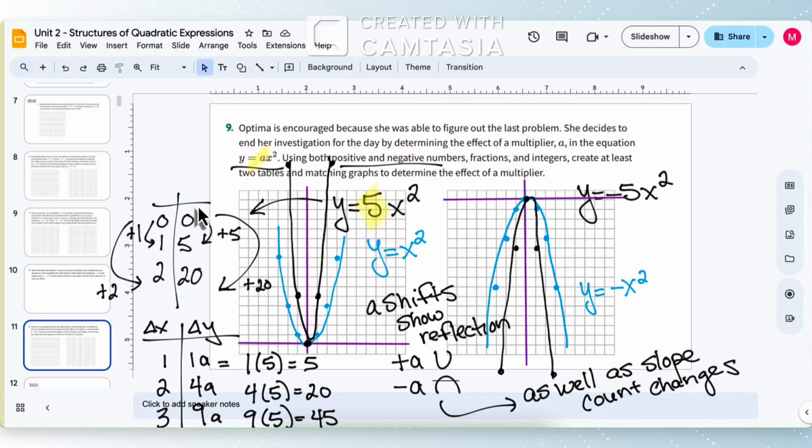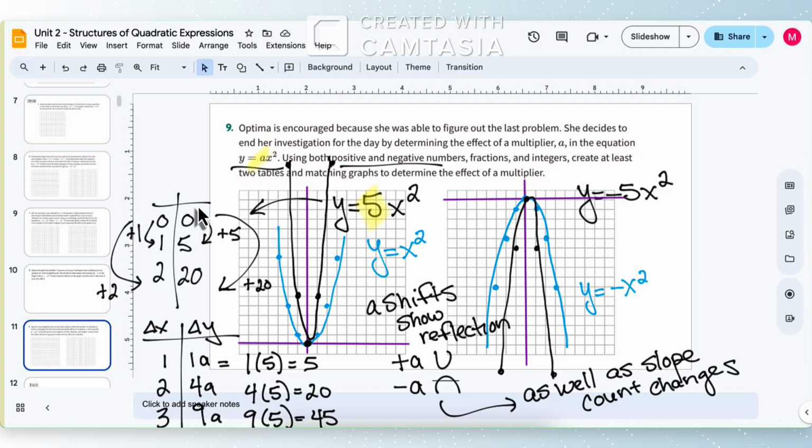If I usually am going over 1 up 1, as soon as I had 5, I knew I had to go over 1 up 5. If I have an A of 3, I'm going to go over 1 up 3. If it's a negative 3, I would go over 1 down 3. So our A shifts show reflection as well as slope count changes.